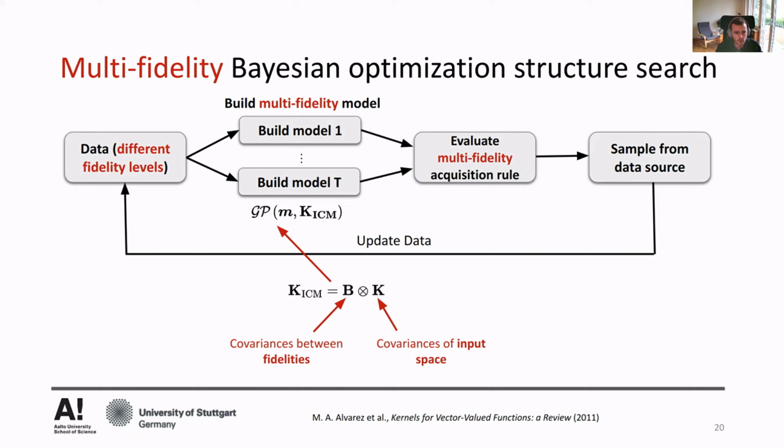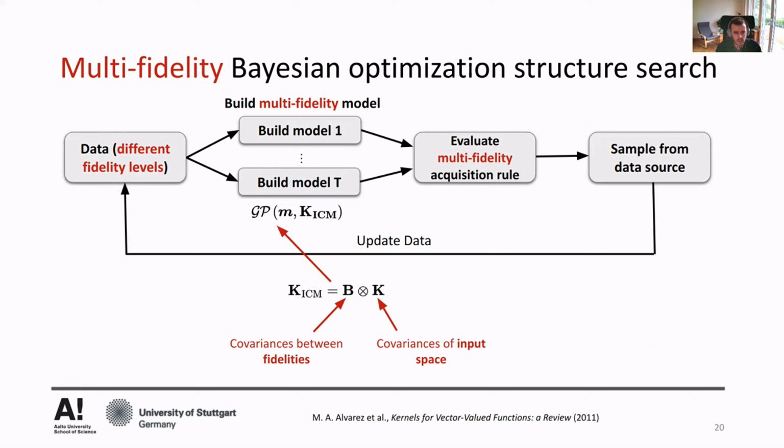Each fidelity level 1 to T is then modeled with a Gaussian process model. This time the models are not separated from each other, but they can exchange information through a shared so-called ICM kernel. This ICM kernel is the kernel of the so-called intrinsic model of coregionalization. This is a multi-output Gaussian process, and this model assumes that the fidelity levels are linearly correlated, and that all fidelity levels share the same input space, or the same search space.